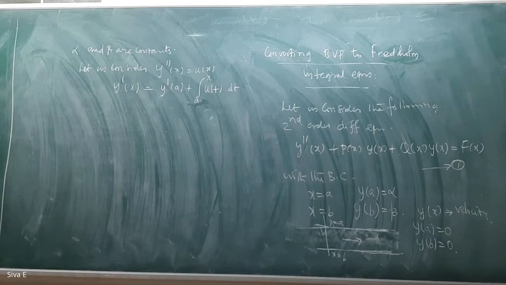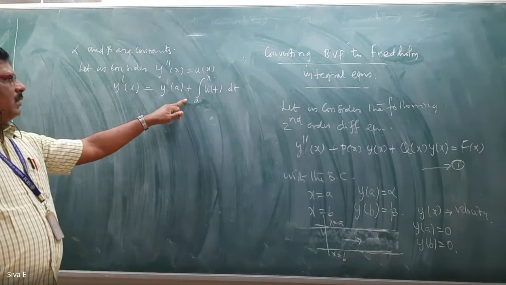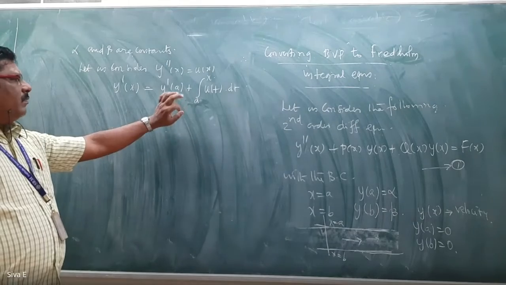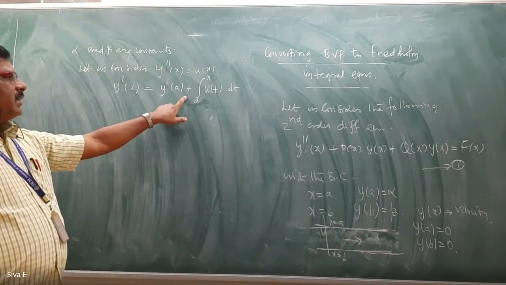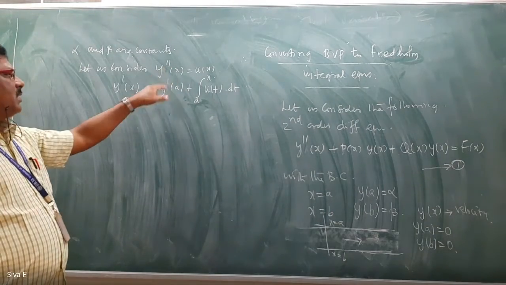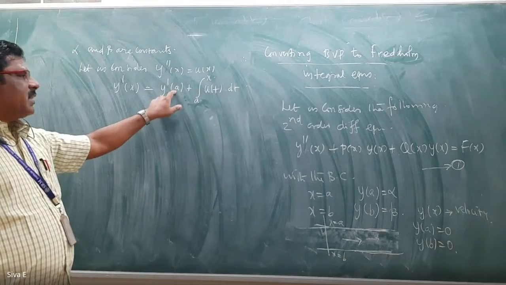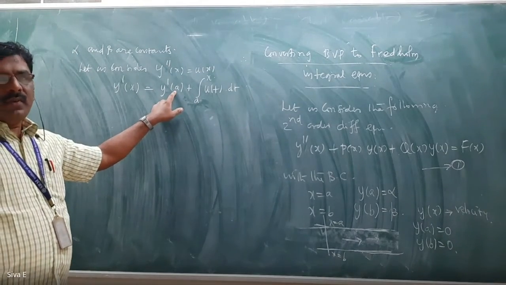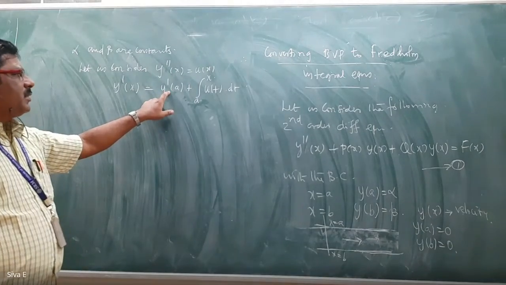Now, how to verify it is the actual equation? How to get this? In case if you are differentiating that, you will get this equation, then it is the integration. So what is y dash of a? Y dash of a is constant, a is constant. If you are differentiating one time, you will get that equal to 0.